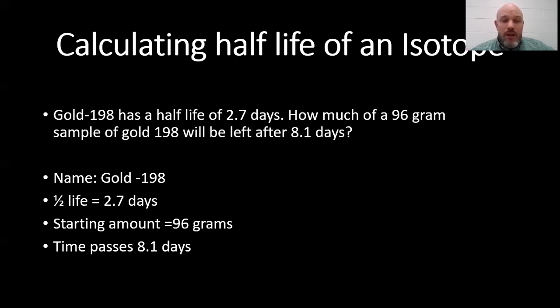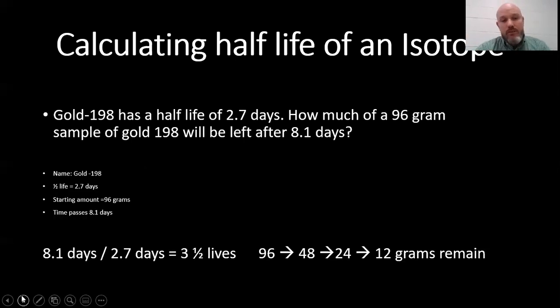That's the name for that isotope. You are not going to be doing anything with the 198. The gold 198 is its name, so do not get confused and think you have to use that in your calculations. We also were given the half-life, which is 2.7 days. We were given the starting amount, which is 96 grams, and the amount of time that has passed, which is 8.1 days.